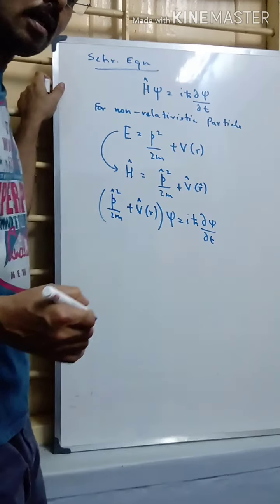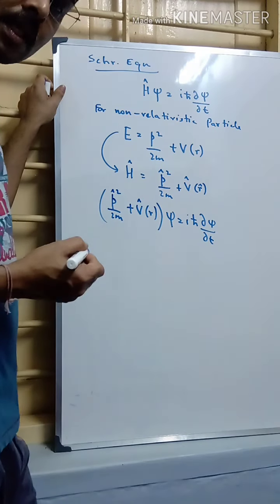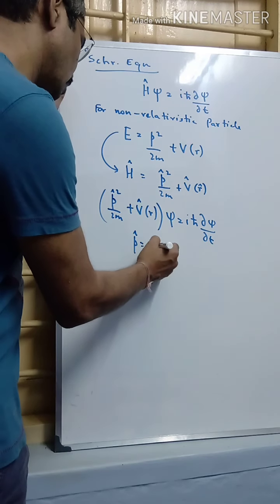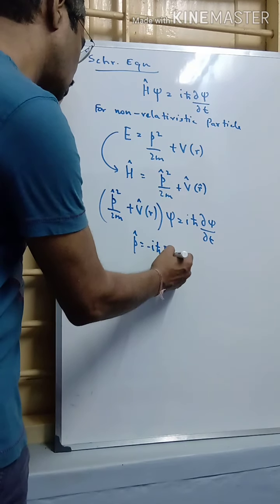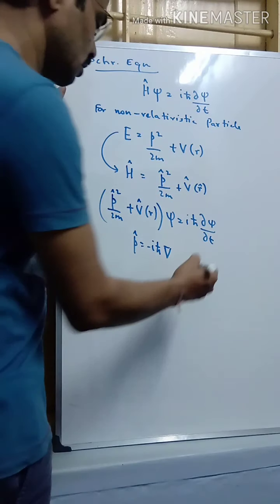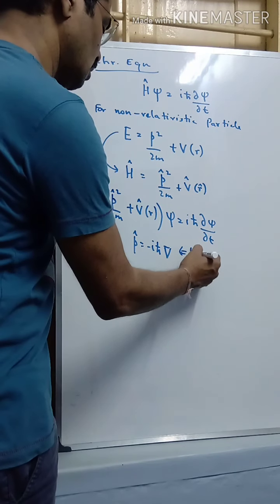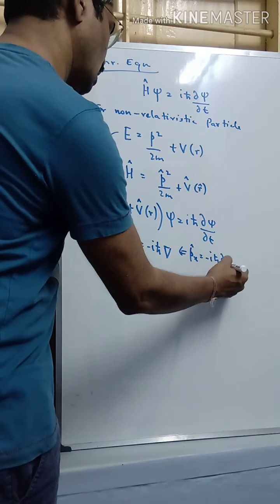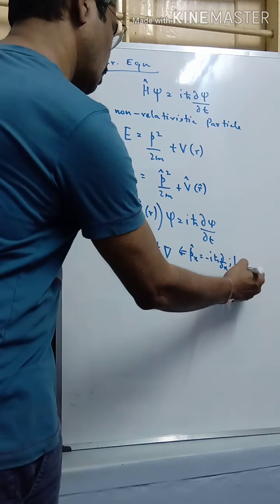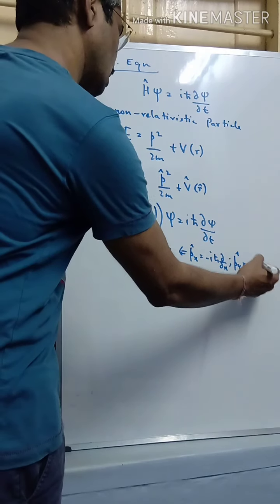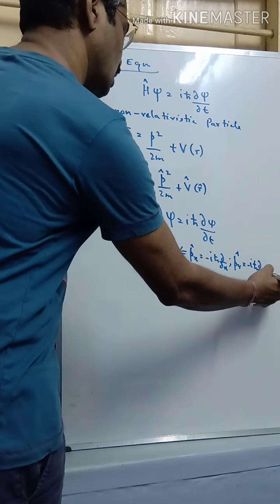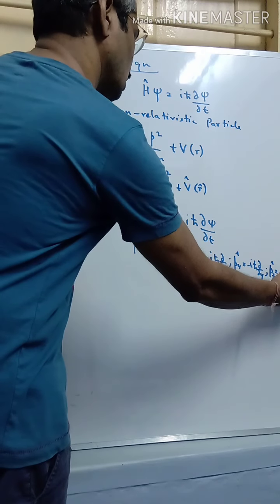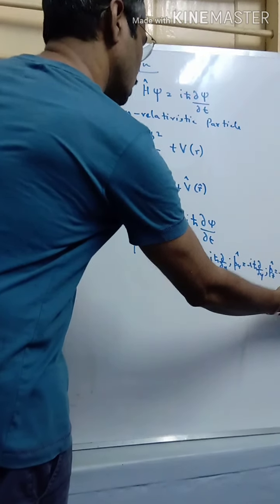And we know from our previous class that P is basically equal to minus i h cross del, because remember, Px cap was minus i h cross del x, Py cap was minus i h cross del y, and Pz cap was minus i h cross del z.